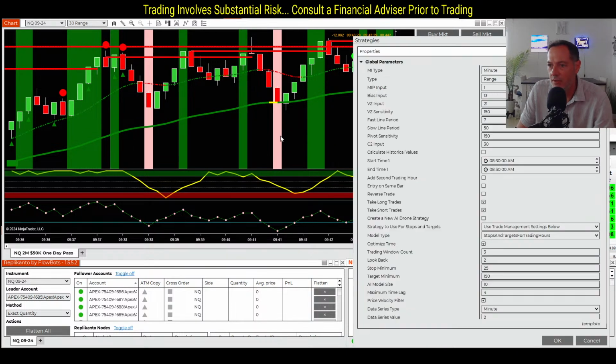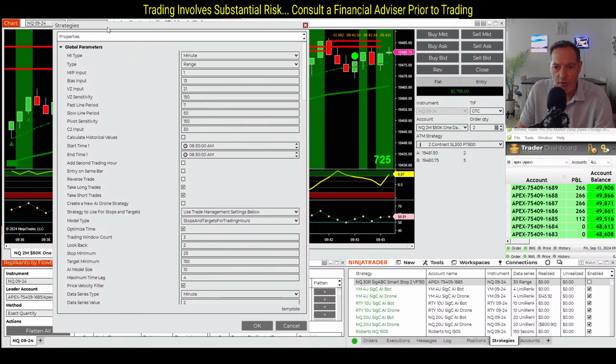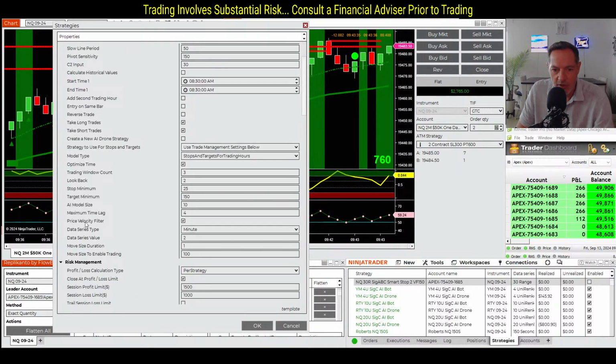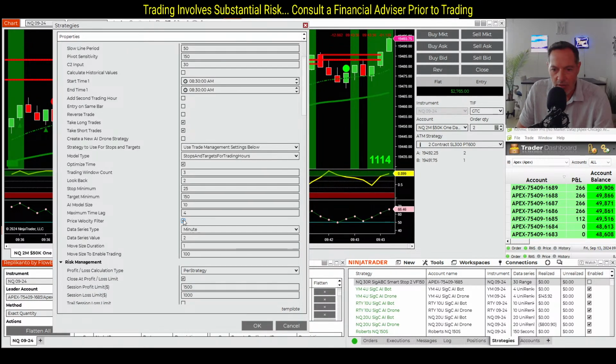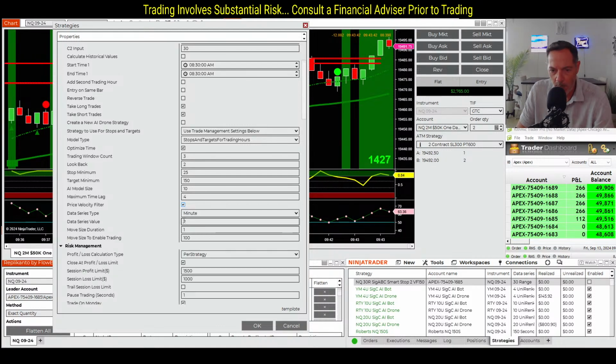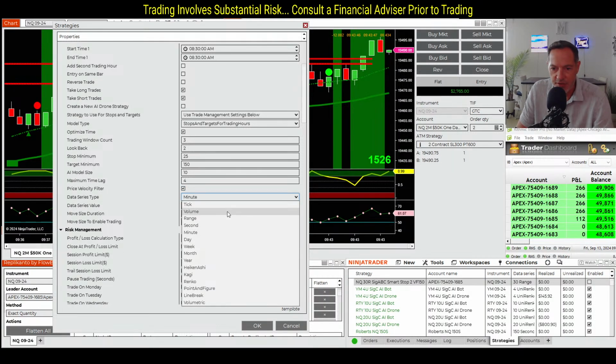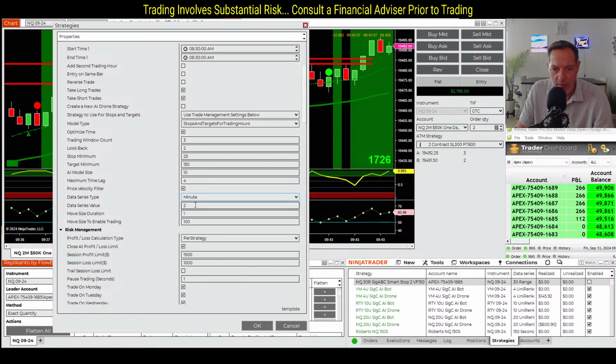Edit the strategy. So the way this new filter works, it's right down here. It's called the price velocity filter. And you can pick whatever data series you would like. So if you want to take a look at a 1-minute candle or whatever particular candle you want to look at, you pick that particular candle, pick the data series.